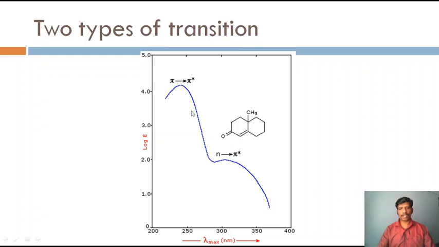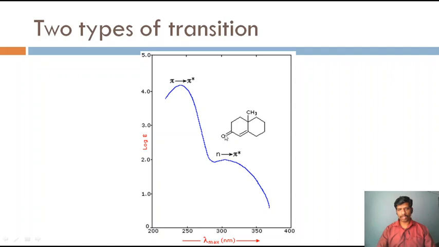There is an alkene and there is also the possibility of pi to pi star transitions. And you can also calculate: 217 plus the conjugated double bonds, it will go to more than 300. If you calculate by the Woodward-Fieser rule, it will come around 300.